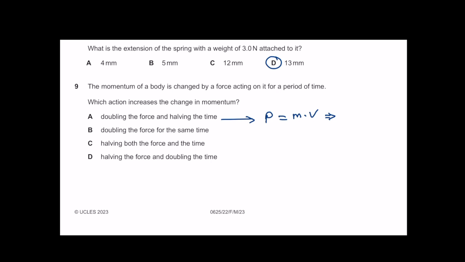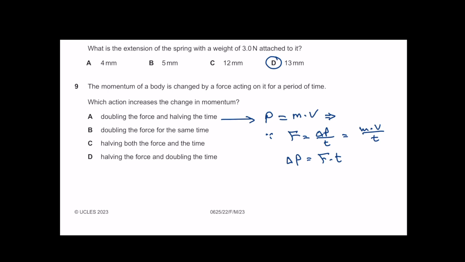Change in momentum divided by time gives you the force, so F equals change in momentum divided by time, that means m dot v divided by t. So let's see what we have here. So the change in momentum itself equals force times time. This is the impulse. I agree with that.